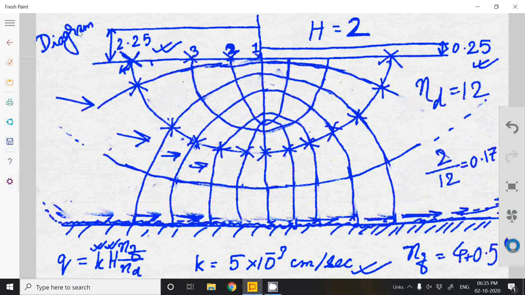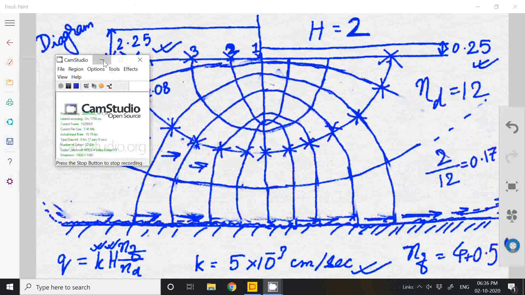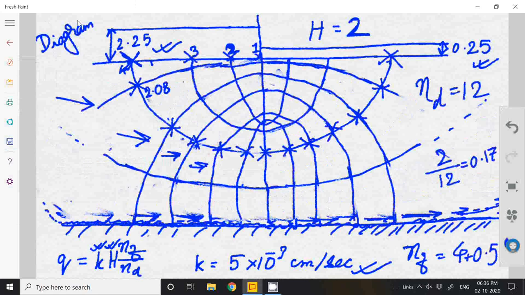So how much is it dropping at each stage? 2.25 minus 0.17, so it will be 2.08, like this it is dropping, and everywhere it is dropping by 0.17. At the beginning it is 2.25, then at the first stage it has dropped by 0.17, it is 2.08. Similarly, at the next drop it is 2.08 minus 0.17, so it will be 1.91, then 1.74.